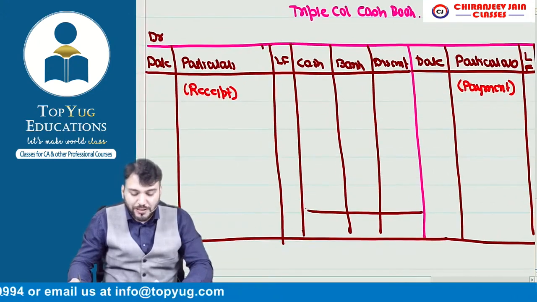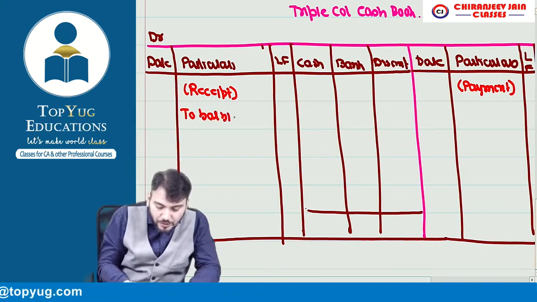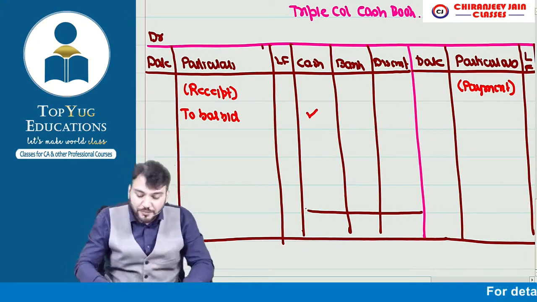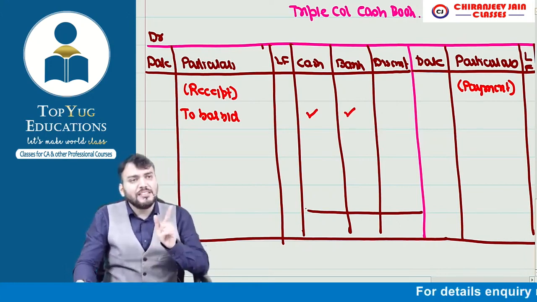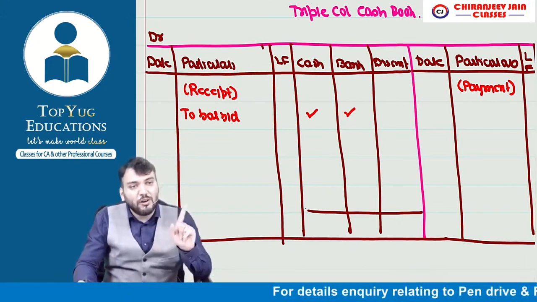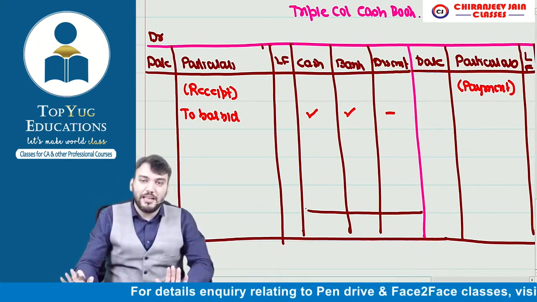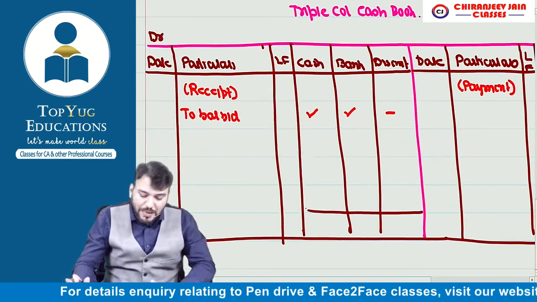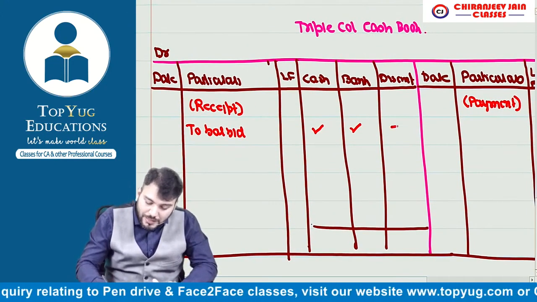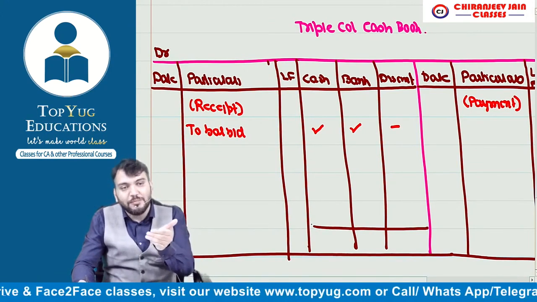It will start with balance brought down, meaning opening balance of cash and opening balance of bank. Discount being a nominal account, an opening balance is not possible because it is already closed last year. So discount will have no opening balance. Have you understood this point? So it will start with opening balance of cash and bank.